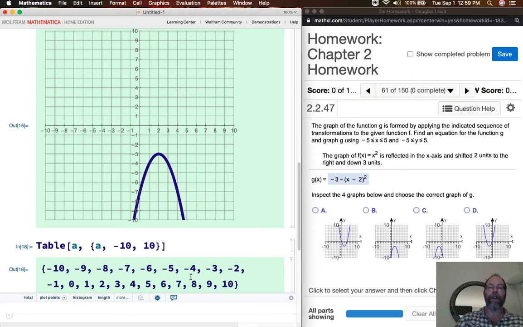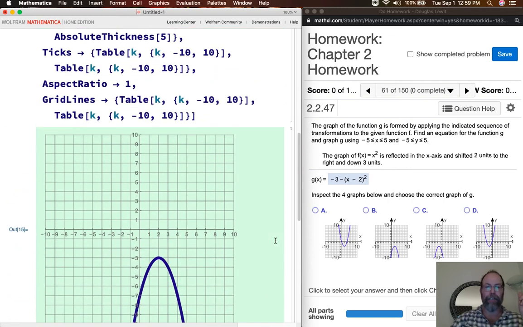You get the idea, all the way up to 10. I hope that makes sense to you. That's what table does. It generates a list of values that fit a certain pattern. So I hope we're clear about that.